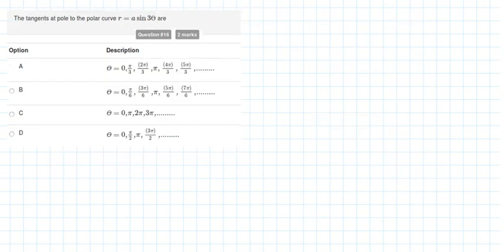Next question. To find the tangent at the pole to the polar curve r equal to a sine 3 theta. Again, we have solved this kind of example. To find the tangent, we put r equal to 0 and find the values for theta.